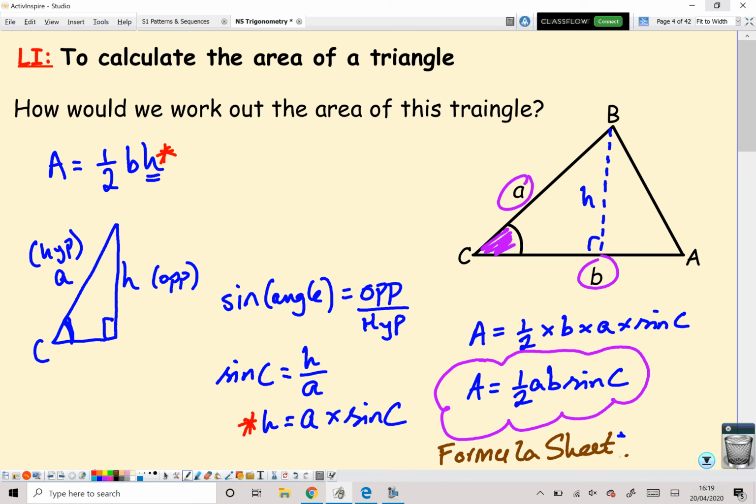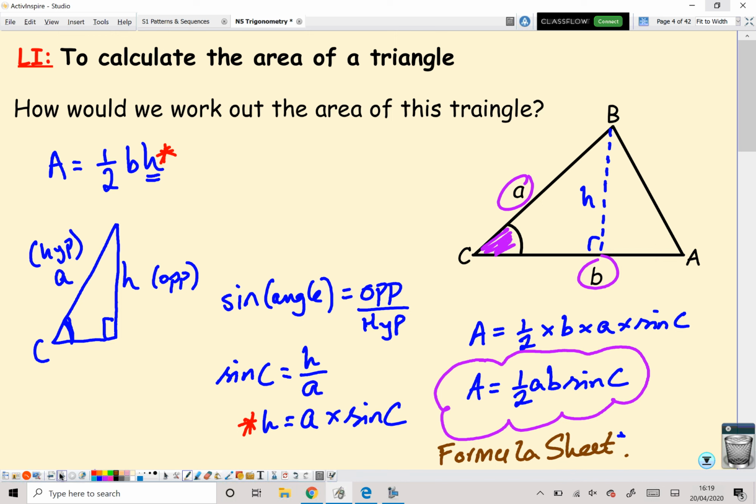So you don't have to memorize that formula, although it's really good if you do. But if you forget it, then it's on the formula sheet for you. Okay? So area equals a half AB sine C. Two sides and the angle that sits in between them gets you the area.